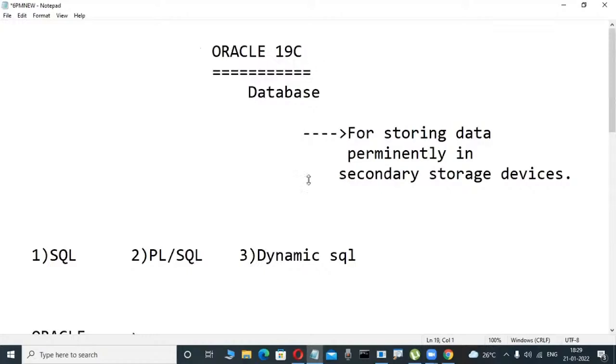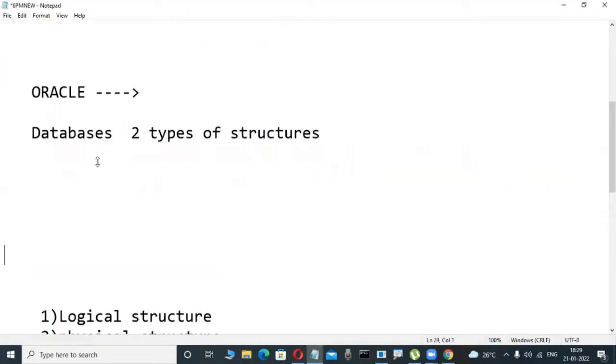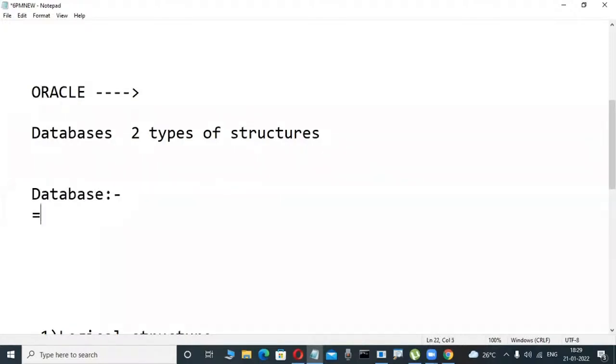Before we tell what the logical and physical structure are in these database software, let's look at the database definition in books. So many fellows write it like this. Today at least you will understand. What is a database? Anybody observing in Google or in books, it is a place. Don't read it.